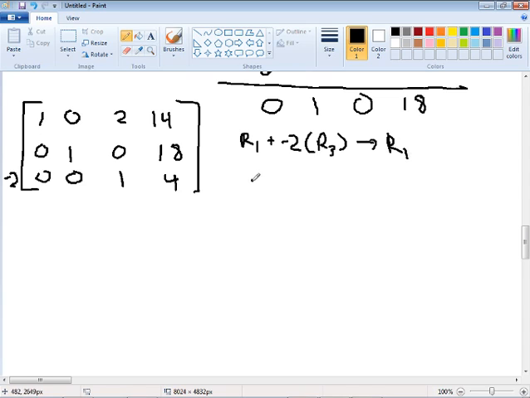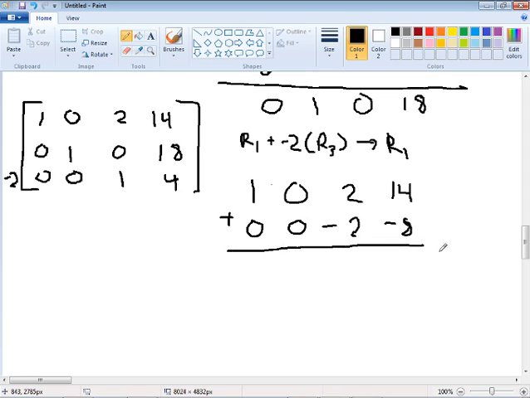So row 1 is 1, 0, 2, 14, plus 0, 0, negative 2, negative 8. That gives 1, 0, 0, 6. And this is my new row 1.